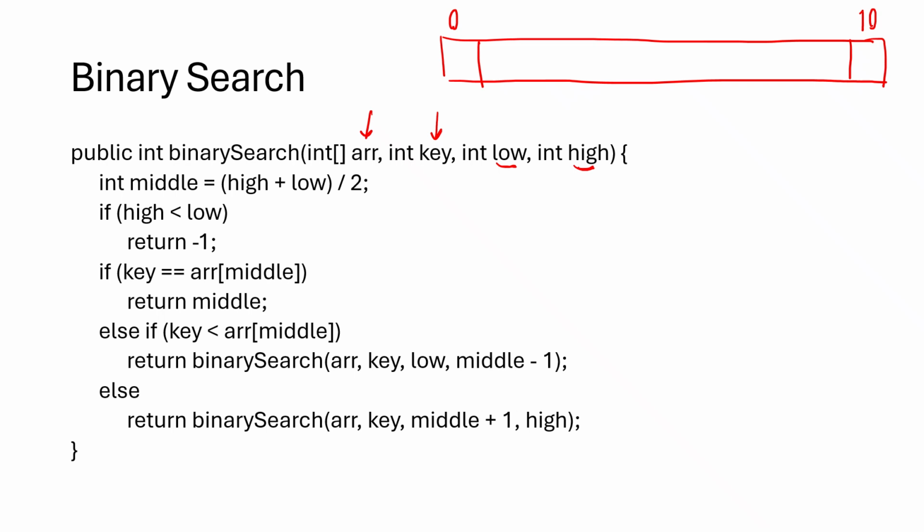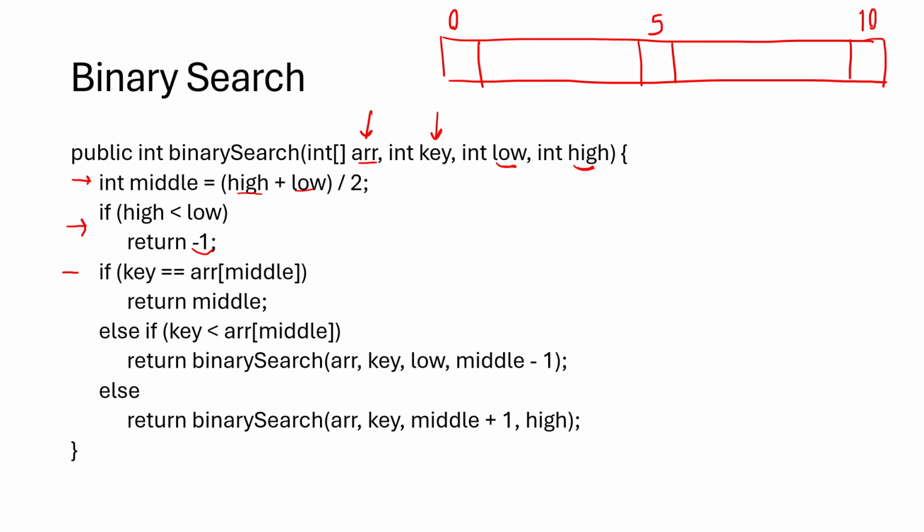Now, here's how it works. First, we find the index for the middle of the sequence by taking the average of high and low. So 0 plus 10 divided by 2, that's 5. So that's the middle index. And this is the base case where if high turns out to be less than low, it means that the search failed and we return -1, which means that we didn't find the key in the array.